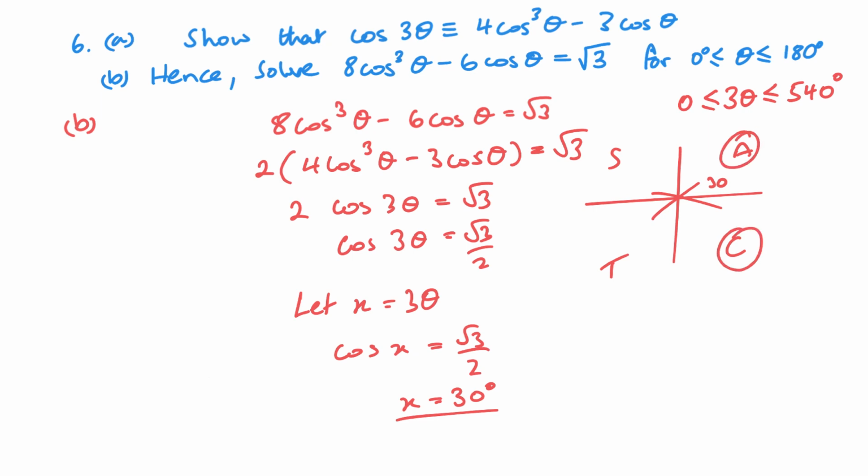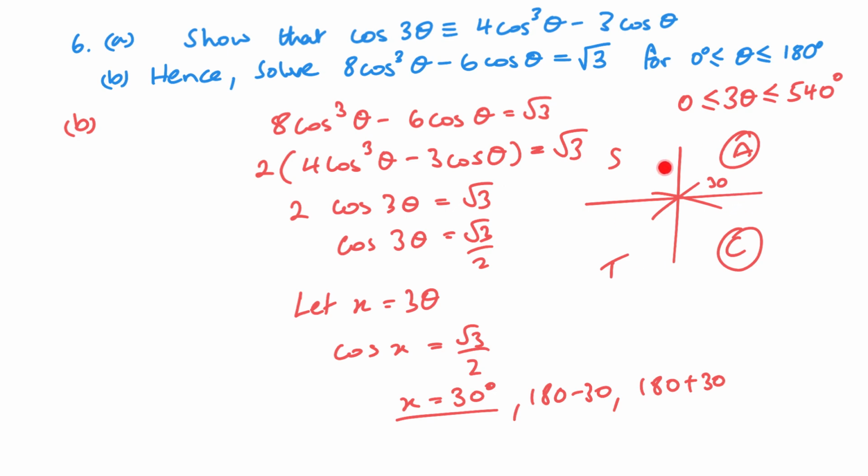So we've got 180 minus 30 as my second angle, and then I've got 180 plus 30 as my third angle. So it's the first section, then that third section, and then I go around again because this is all the way around to here. 540 is what I wanted.